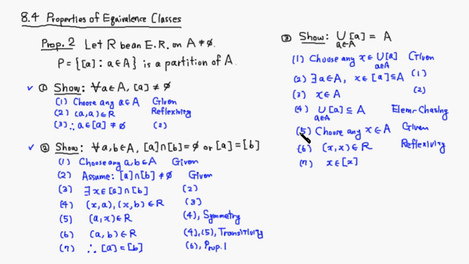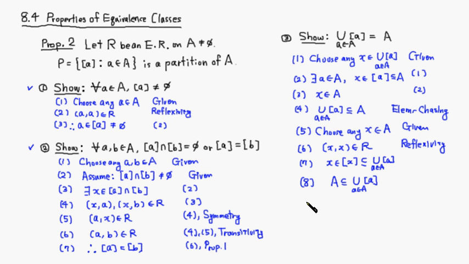But this is a subset of the union of all of those, because it is just one of them. So therefore, line 8: x belongs to the union, which means that A is a subset of the union of all these equivalence classes.